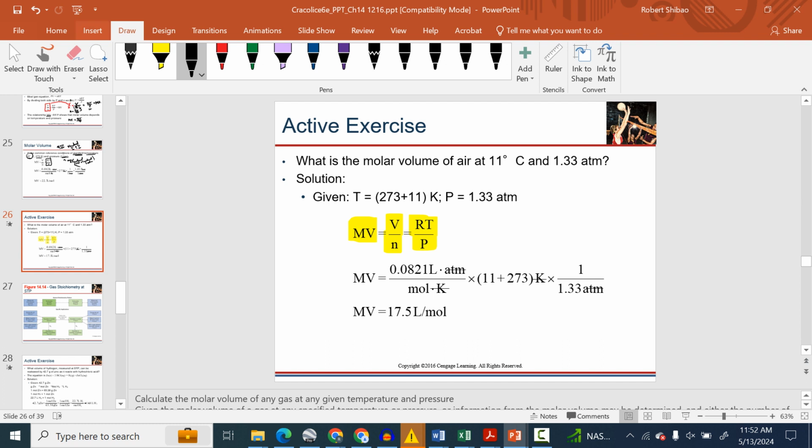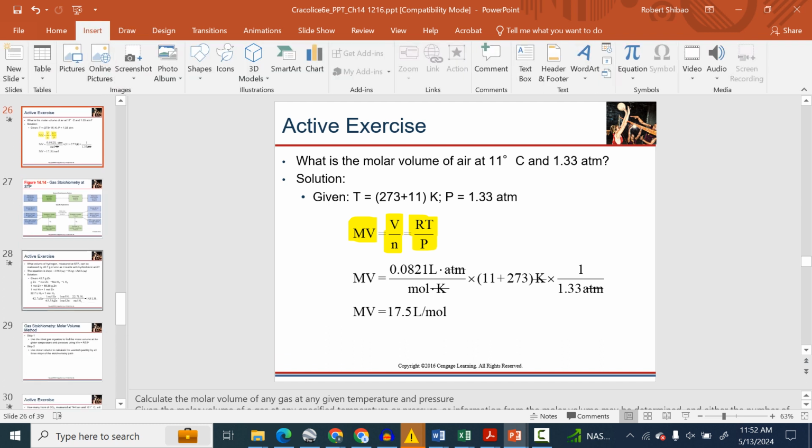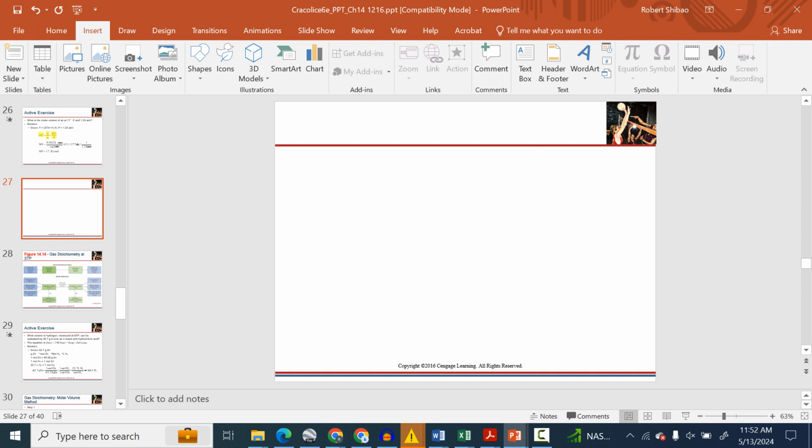One way of doing that is by rearranging the ideal gas equation. This is probably the easiest way of doing it.